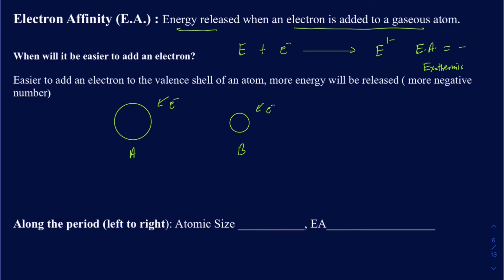So we say higher affinity means a more negative number in terms of electron affinity because it's an exothermic reaction. If we say the electron affinity is actually increasing, it just means it's becoming more and more negative.